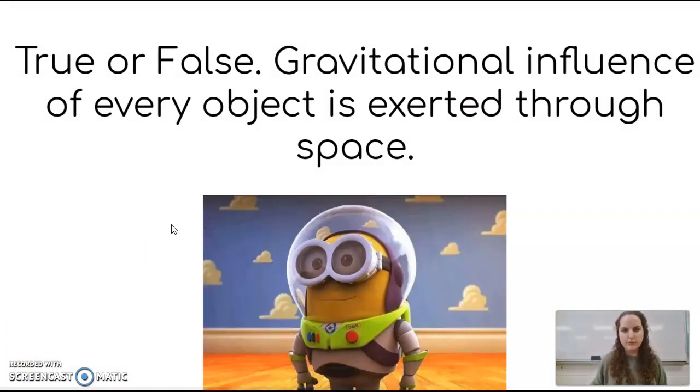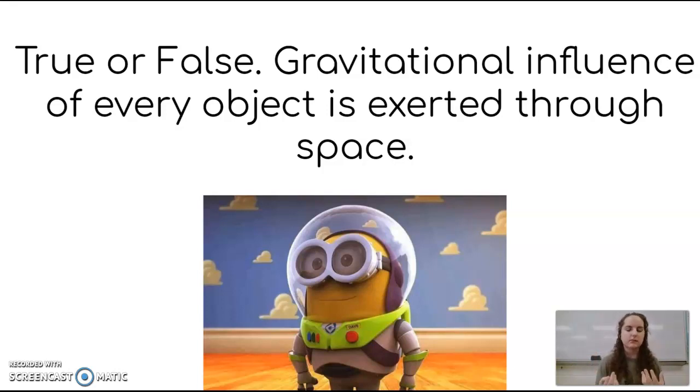All right, so true or false: gravitational influence of every object is exerted through space. This is true, because we have this force of gravitation that depends on G, depends on 2 masses, and depends on the distance between them. If we're thinking about Earth and the Sun, those would be our 2 masses.